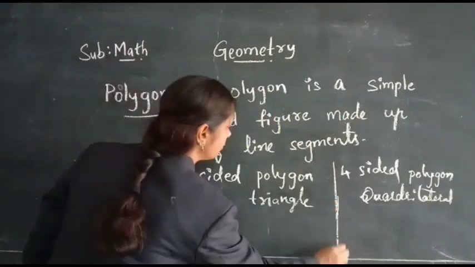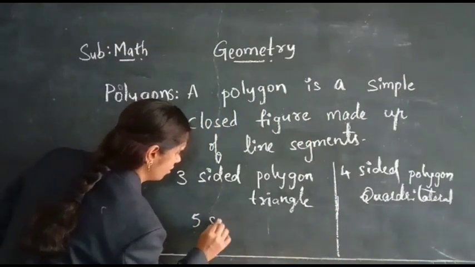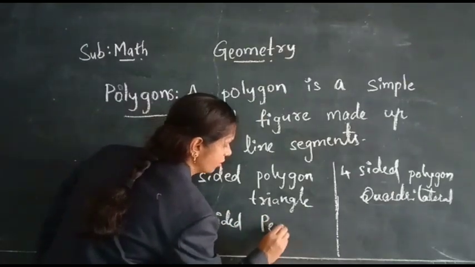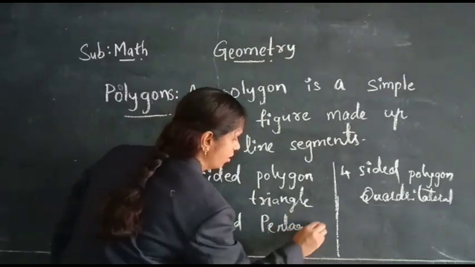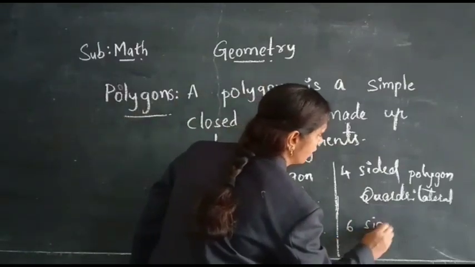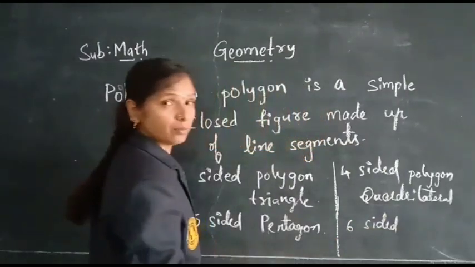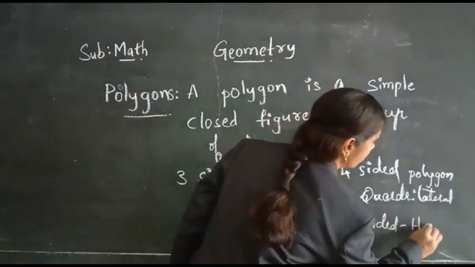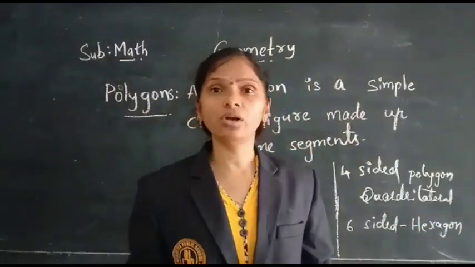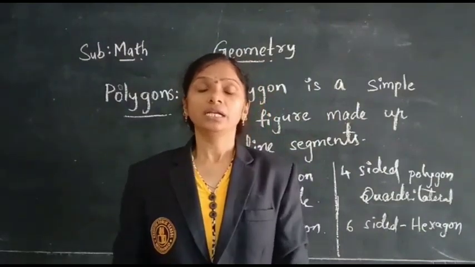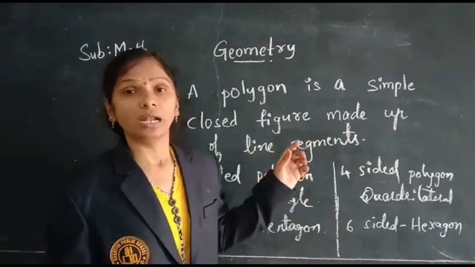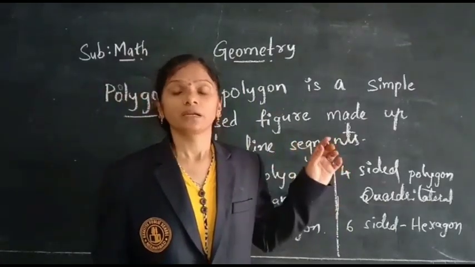Like that, a five-sided polygon is a pentagon, and a six-sided polygon is a hexagon, and a seven-sided polygon is a heptagon, an eight-sided polygon is an octagon, a nine-sided polygon is a nonagon, and a 10-sided polygon is a decagon.